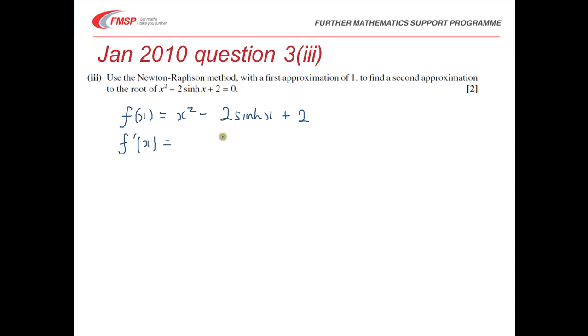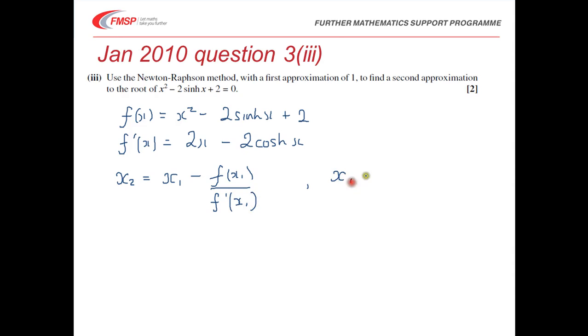So we'll differentiate and we get 2x minus 2 cos x. And then we're using Newton-Raphson, which says that x2 equals x1 minus f of x1 over f dash of x1. This is the result we had in part 1, and we just need to substitute that in. We're told that the starting value to take is x1 equals 1.